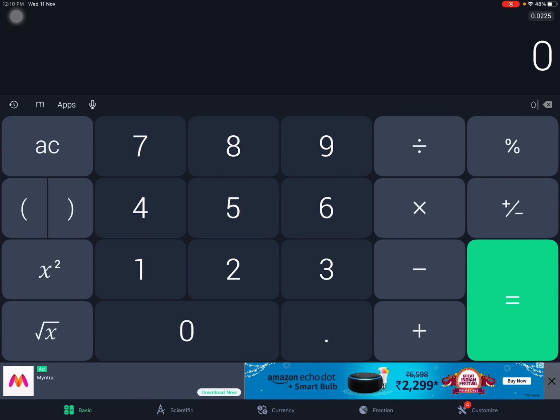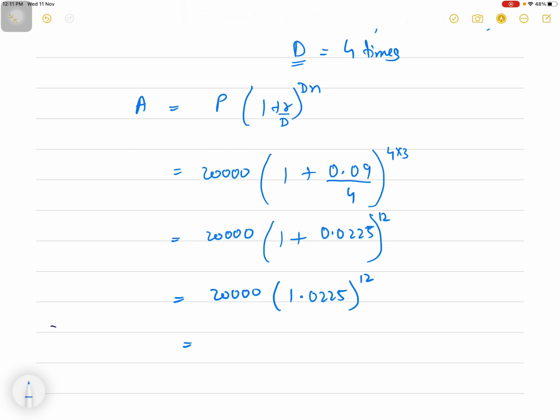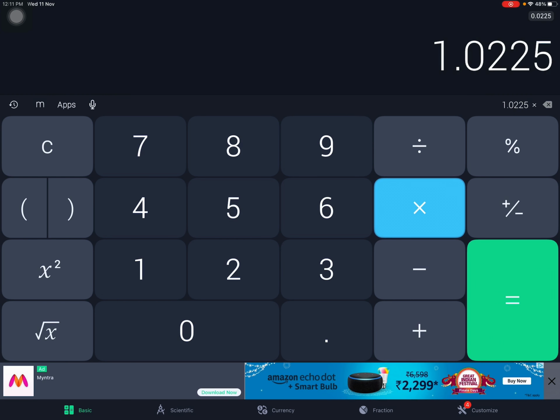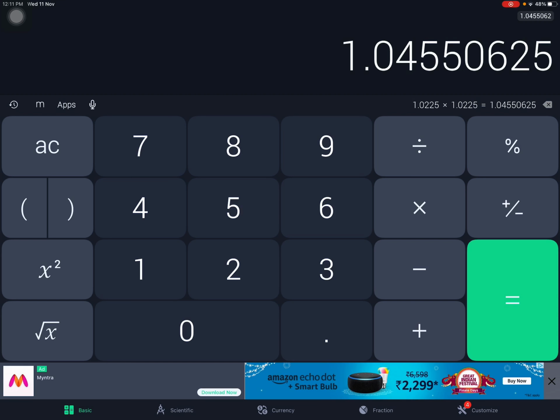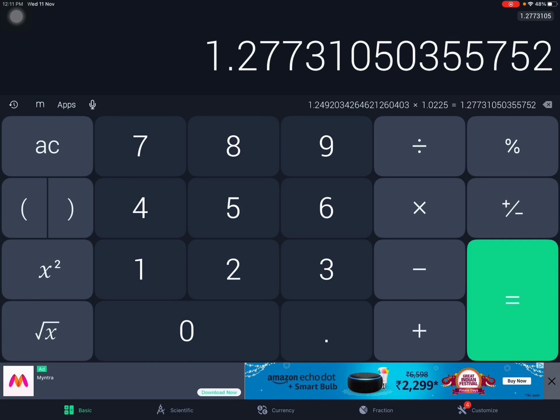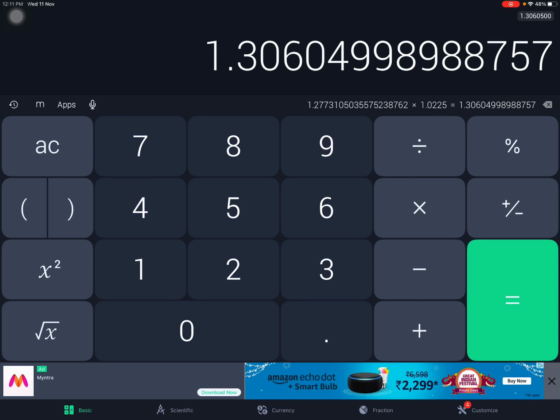Okay, let's calculate this. 1.0225, I have to press into and equal 12 times, no, 11 times, so I'll start with it and count 1, 2, 3, 4, 5, 6, 7, 8, 9, 10, 11. This comes to 1.3060.